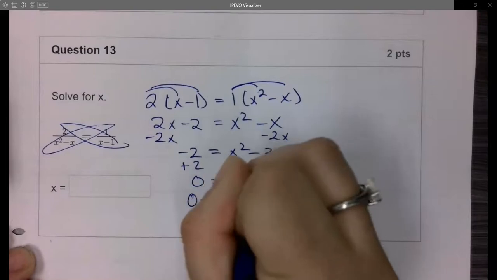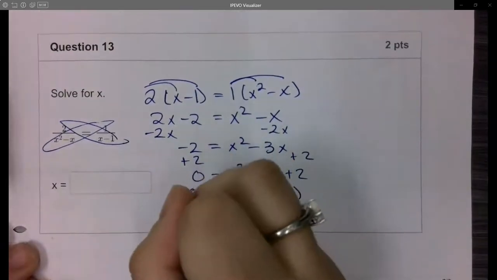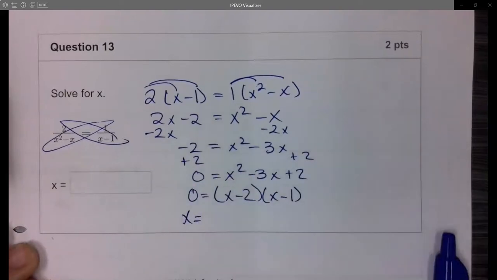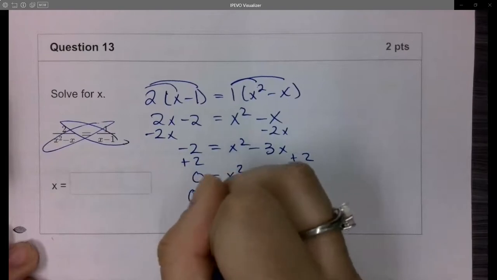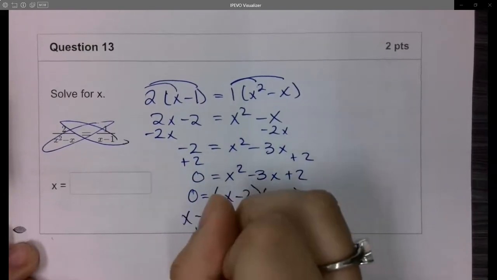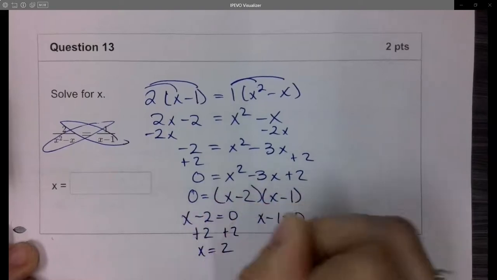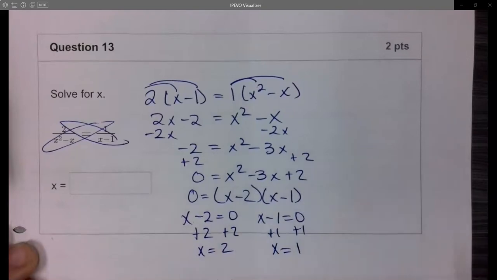This is going to be negative 2 and negative 1. I want to take each of those and set them equal to 0. On the first one, I add 2 to both sides, I get x equals 2. On the second, I add 1 to both sides, I get x equals 1.